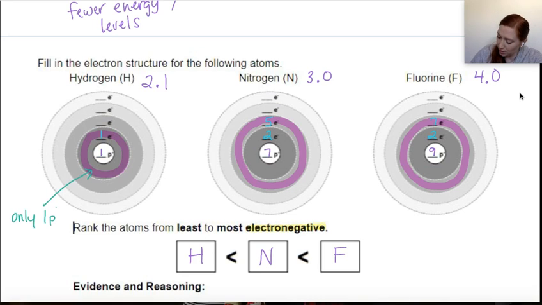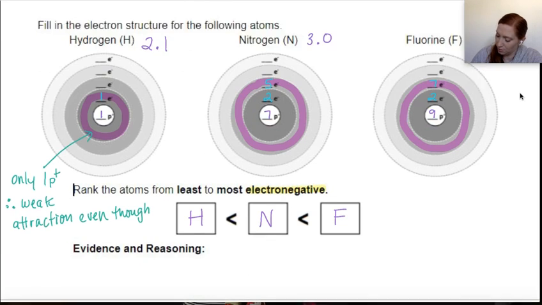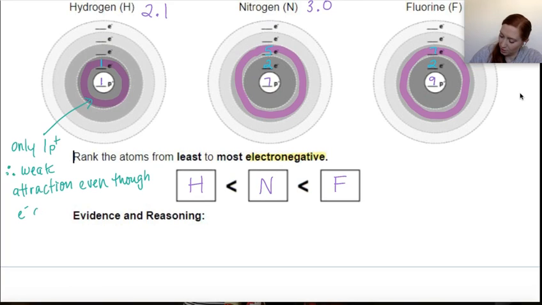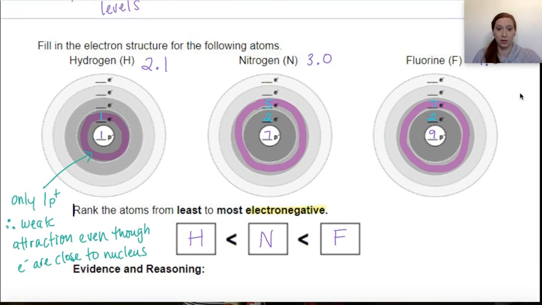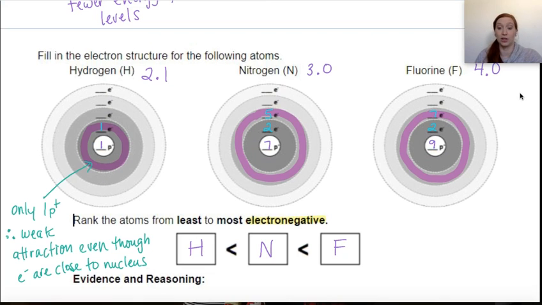Only one proton, therefore weak attraction, even though electrons are close to the nucleus. Okay, so that's the reason that hydrogen is going to be the smallest as far as electronegativity is concerned.